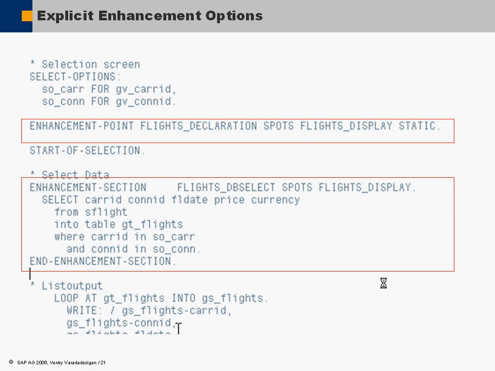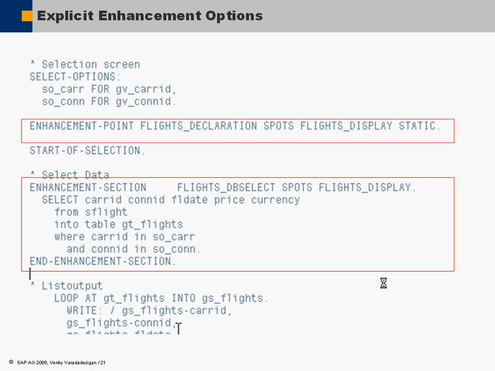On the other hand, an enhancement section is a set of statements. If SAP feels that a set of statements would most likely be rewritten or redefined by the customer, then that set of statements will be provided within the enhancement section.